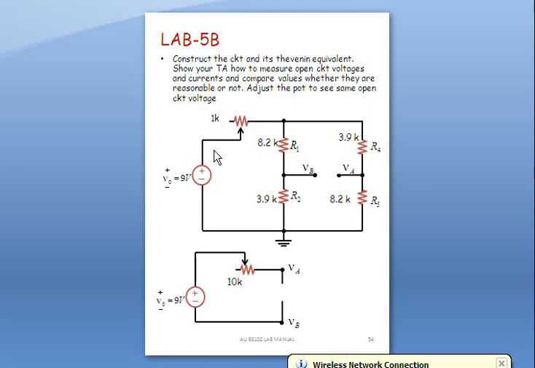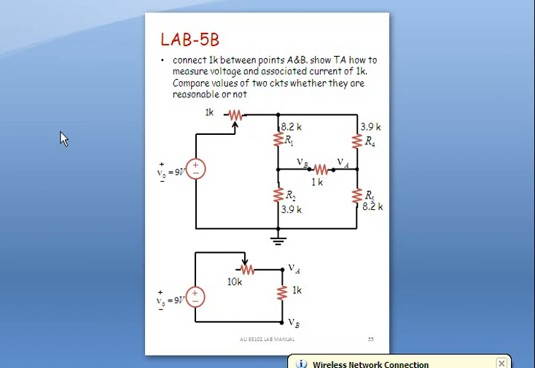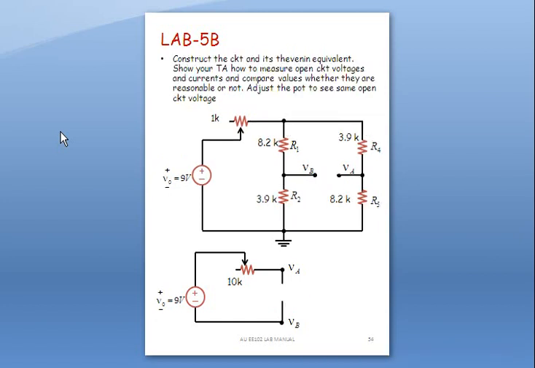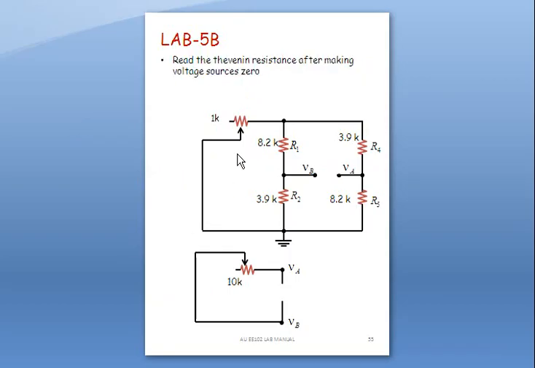Look, I have removed this voltage source and made it a short circuit, connecting this point to this point, and I will measure the open circuit resistance. So I have constructed the circuits, and I will measure the resistance between points A and B.